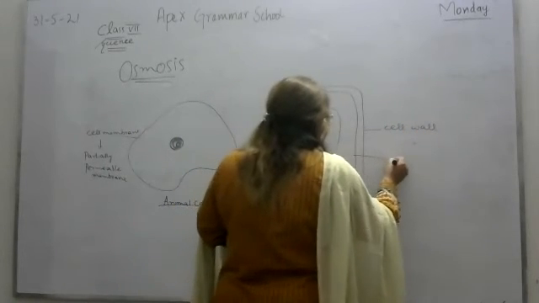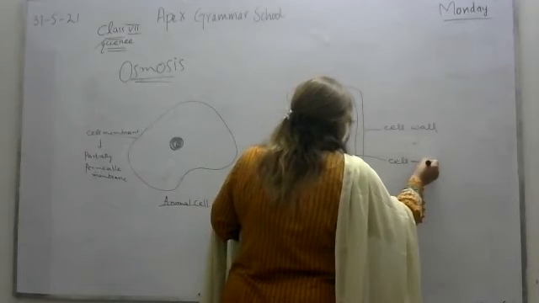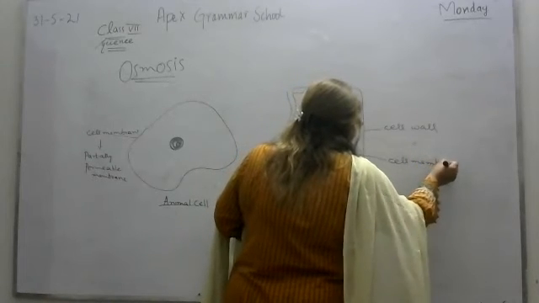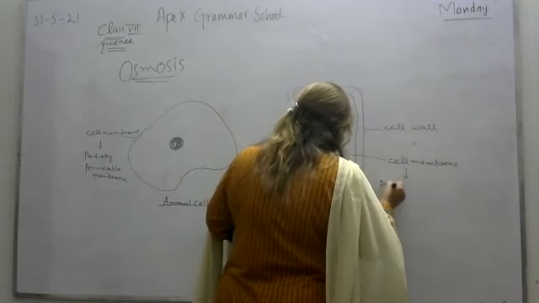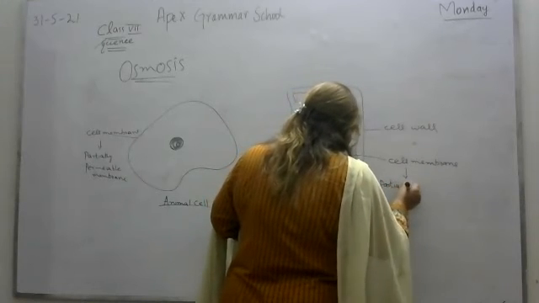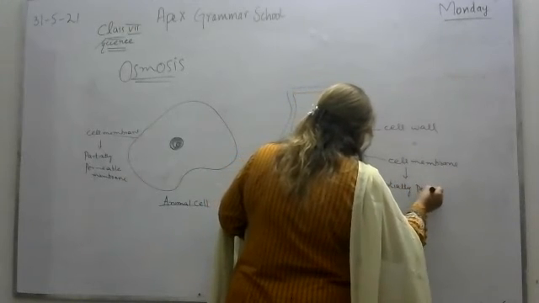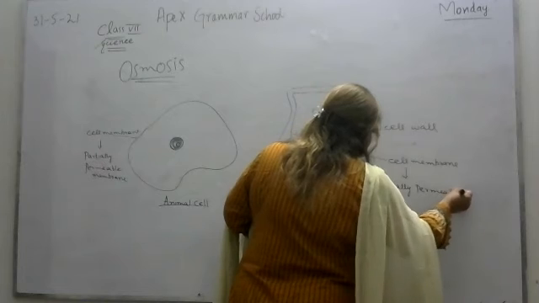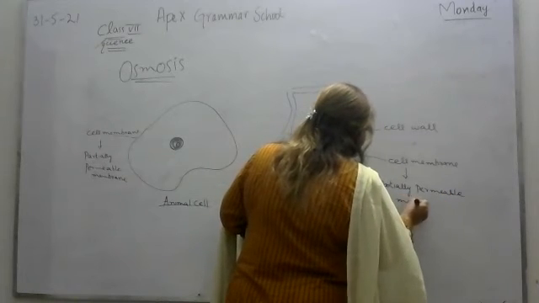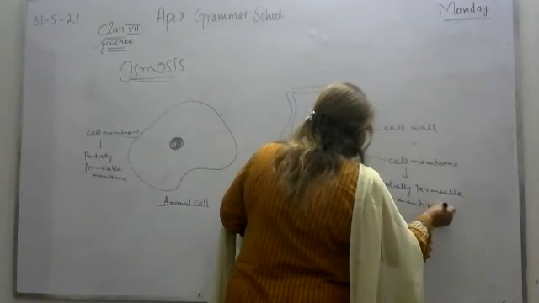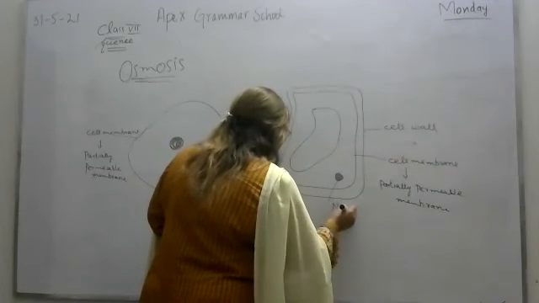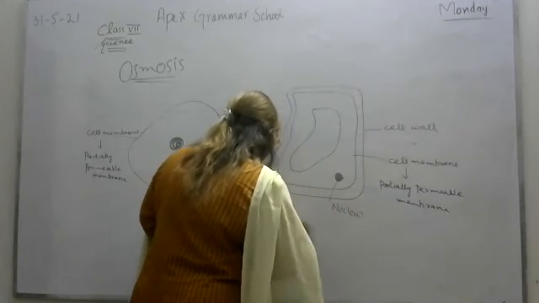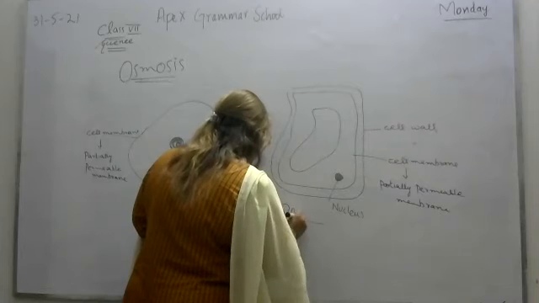This is the cell membrane, which actually works as a partially permeable membrane. And this is our nucleus. And this is the structure of a plant cell.